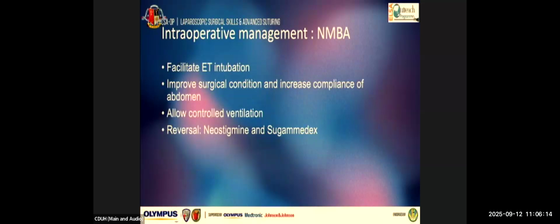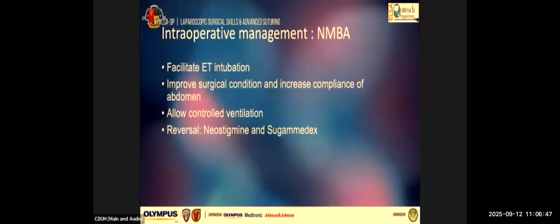For neuromuscular blocking agents, they're very crucial to facilitate intubation, but most importantly, to facilitate the surgical conditions to increase abdominal compliance, and therefore the distance between the bowel and the posterior surface of the peritoneum of the abdominal wall is very far. So that is very important.